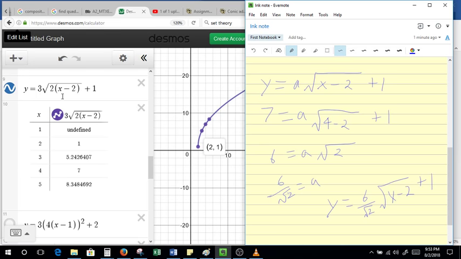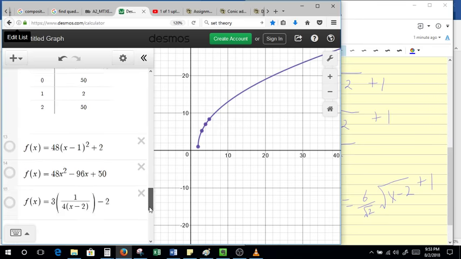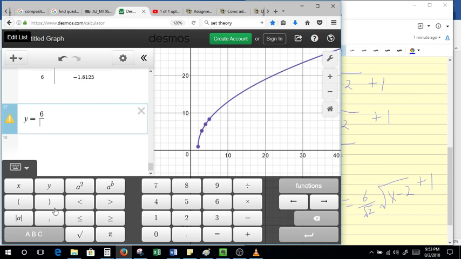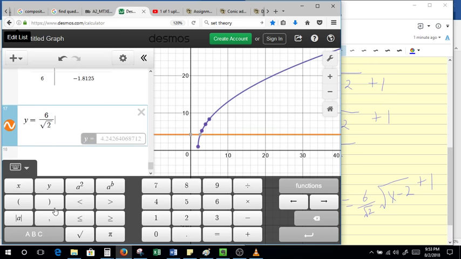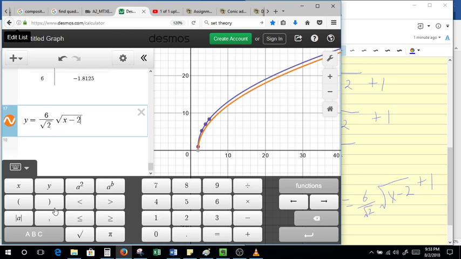And again, that's not exactly what it says here, but if we put it on here and plug that in, we'll see if it did it correctly. y equals 6 over square root of 2 square root of x minus 2 plus 1. And we see that we are correct. That worked out just fine.